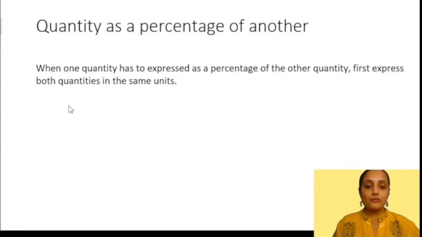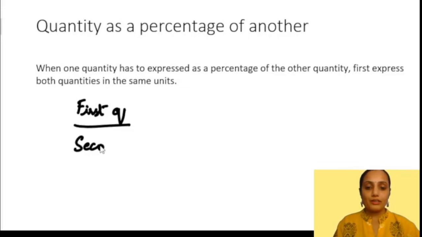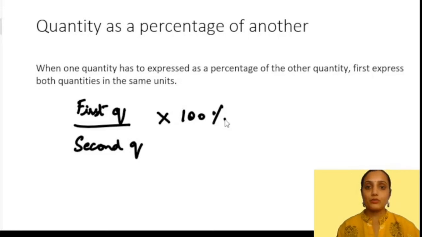So we take the first quantity divided by the second quantity, because we are going to consider the second quantity as the whole, and now multiply that with 100% because we need to find the percentage. So this is going to give us the required percentage.